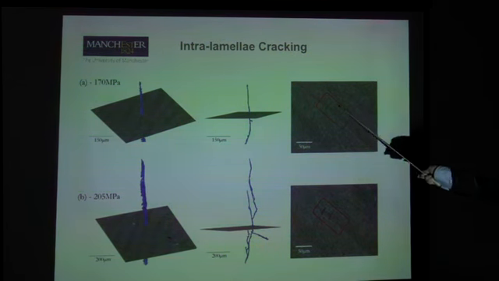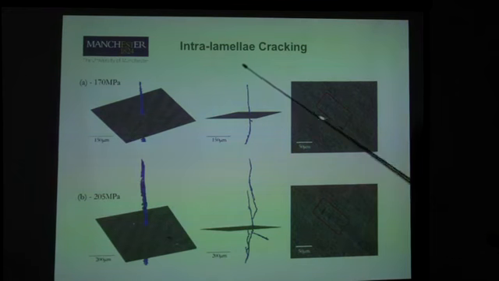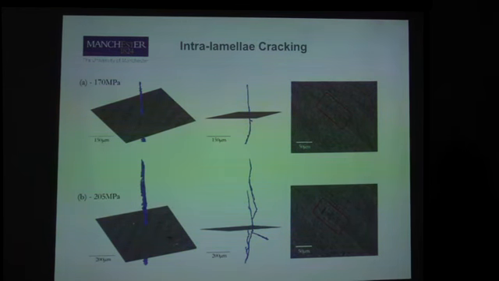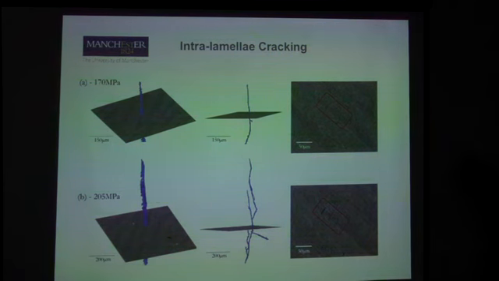It's very difficult to see on this image, but you have got cracks forming across the lamella, and those cracks are periodically forming to relieve the stress that's caused by that elastic-plastic mismatch. But the cracks are long and thin, and essentially constrained by the width of the ceramic lamella.